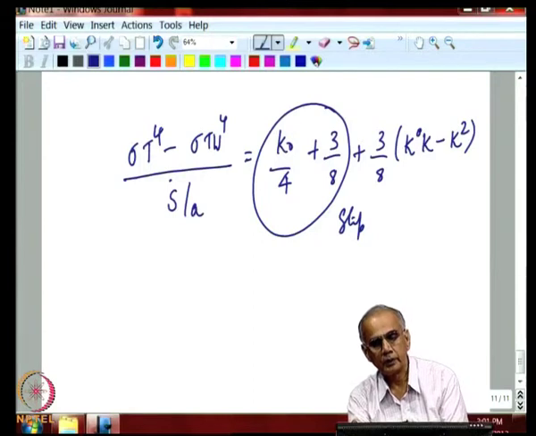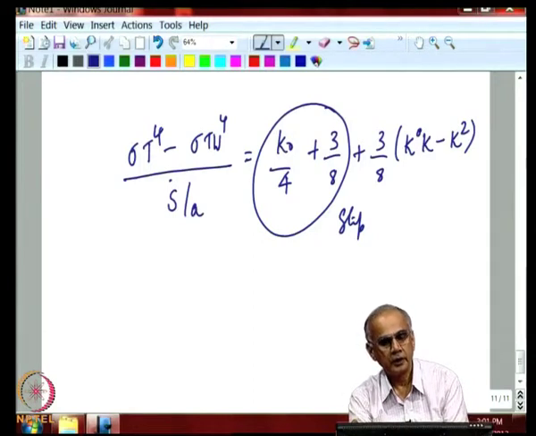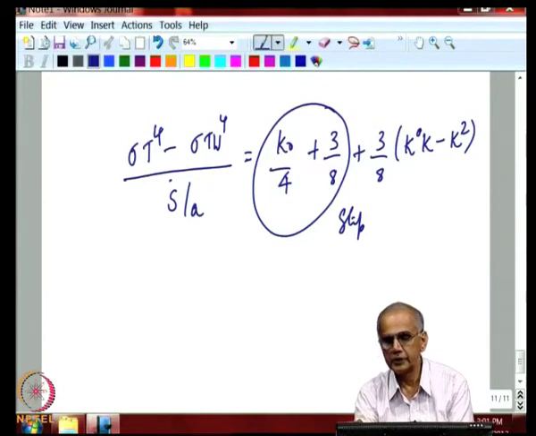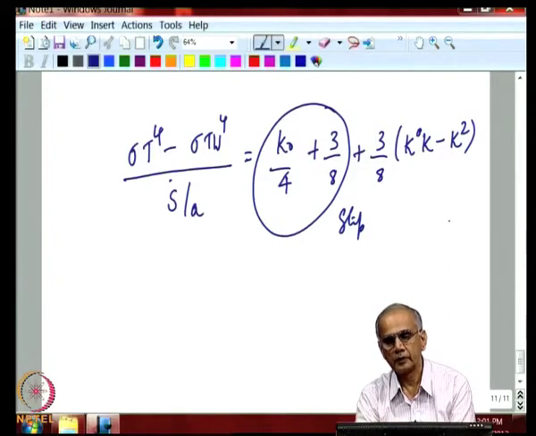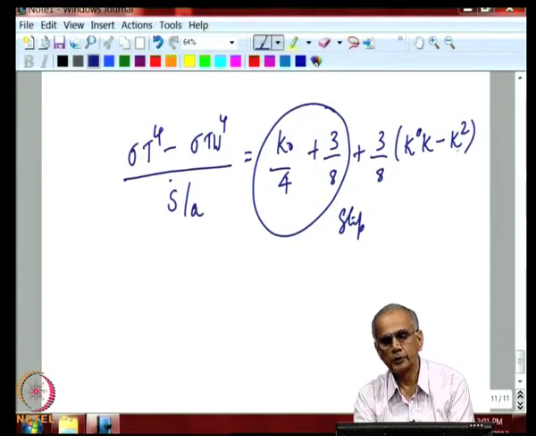So, whenever there is radiation heat transfer, the slip exists always. This is the first important thing we see, and the other condition is in the optically thick limit, this quantity dominates over this quantity, and again the slip can be quite large.